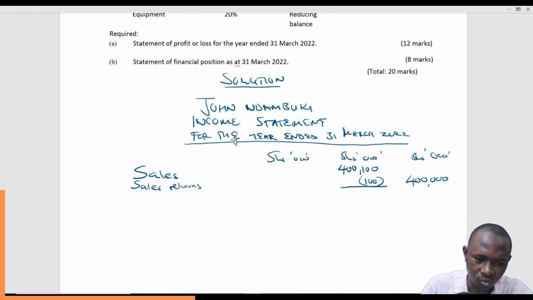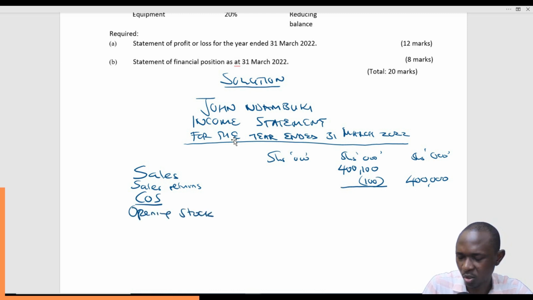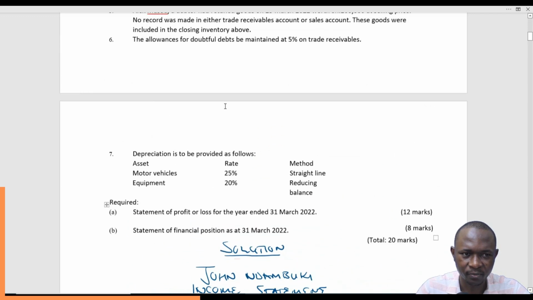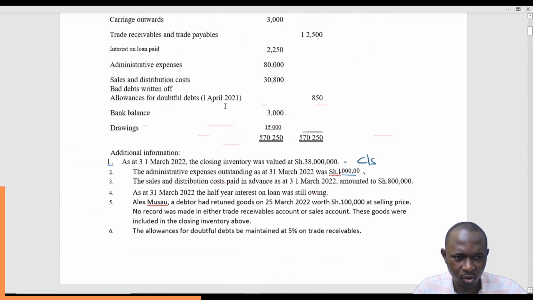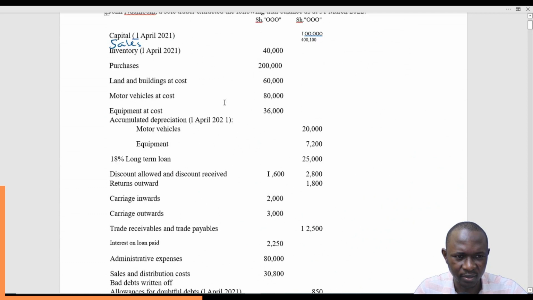Then we go to cost of sales. Remember what we said, trading account is simply sales less cost of sales. And cost of sales, we start with the opening stock. Opening stock is this one, April 2021.